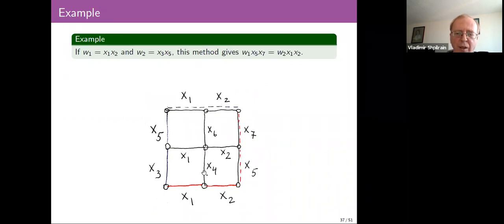So in this case, the right edge is marked by X3 plus 1, that is X4. So now this little square corresponds to the relator X3, X1 equals X1, X4.